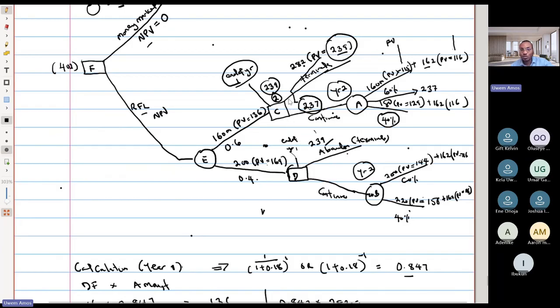That's why we had to choose between this and this, and we went for this because it was higher. A is an outcome point because it's in a circle, which we discussed when we were mapping it. Because it's in a circle, all we need to do is calculate the expected value. And how do we calculate the expected value? Add the values, multiply by the probability, add the values, multiply by the probability, and sum up everything. Is that clear?